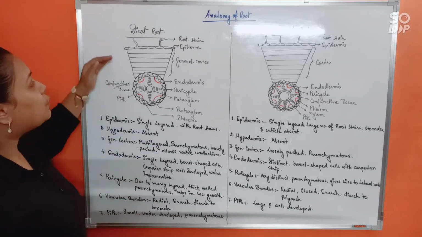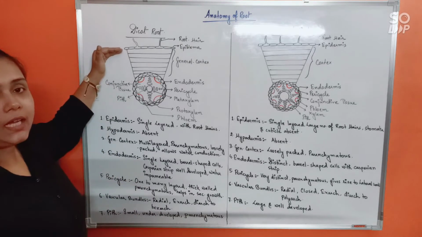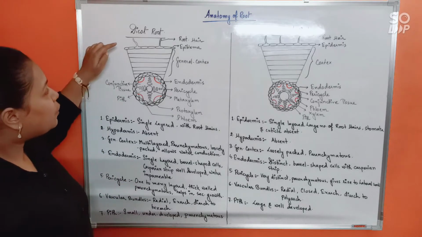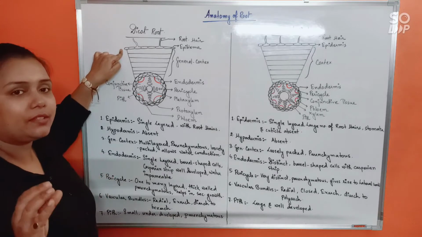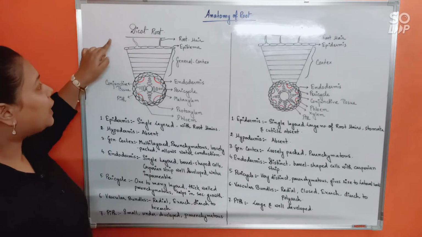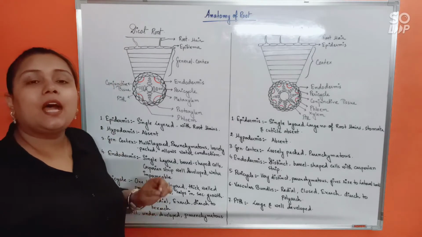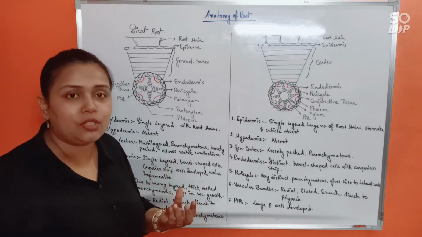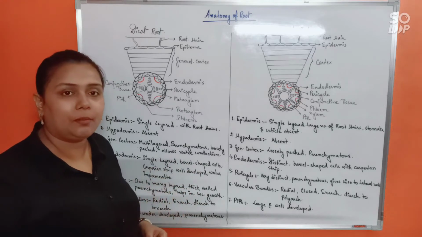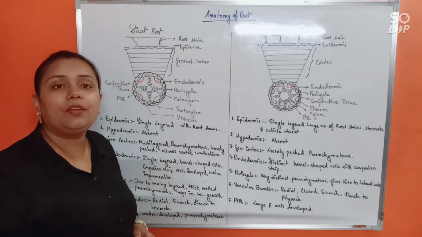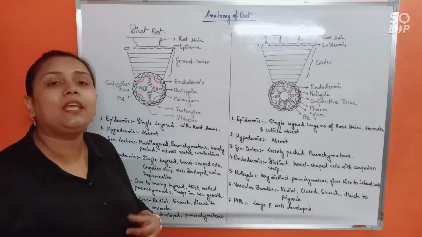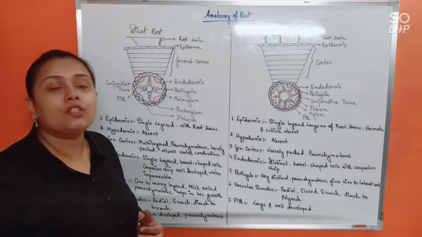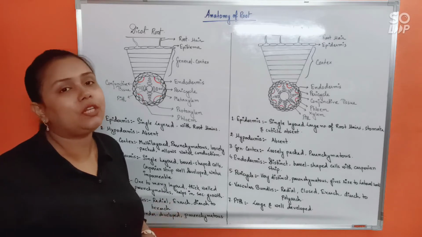So, the epidermis or epiblema in the dicot roots is single layered, parenchymatous, and compactly arranged cells. There will also be various outward projections in the epidermis, and they of course would be the root hairs.